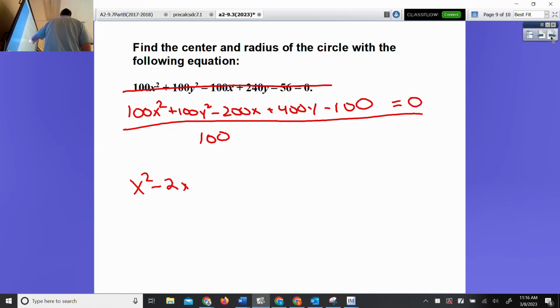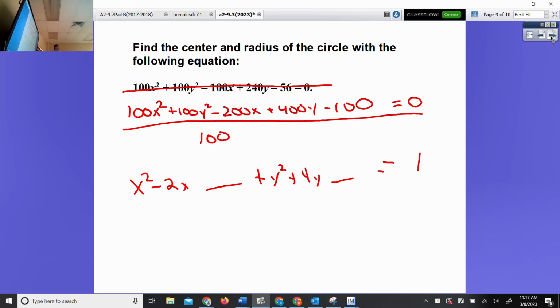Minus 2x. Always leave some space. 100y squared over 100, that's y squared. 400 over 100, 4y. That negative 100 over 100 was a -1, but where's the constant go? On the right. So it equals 1.